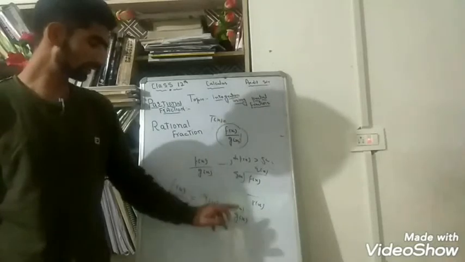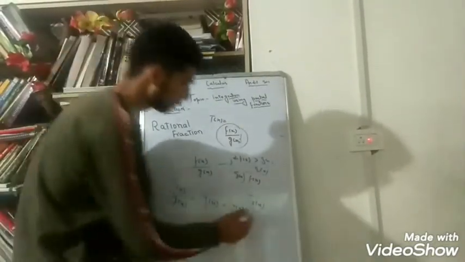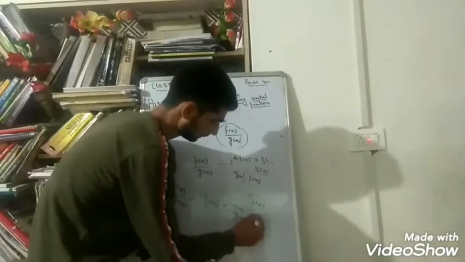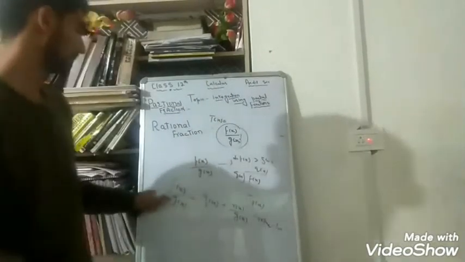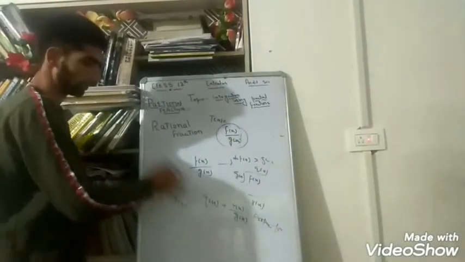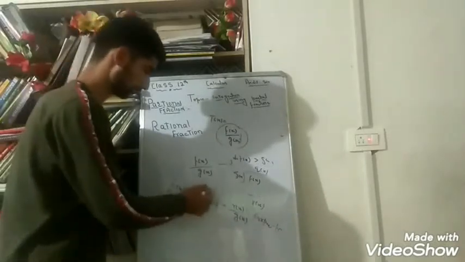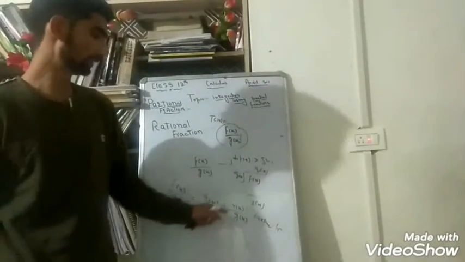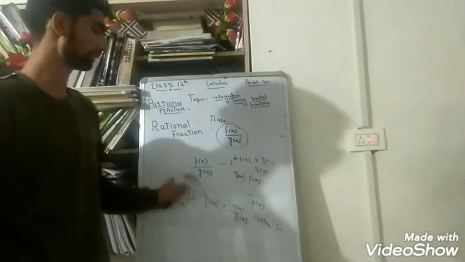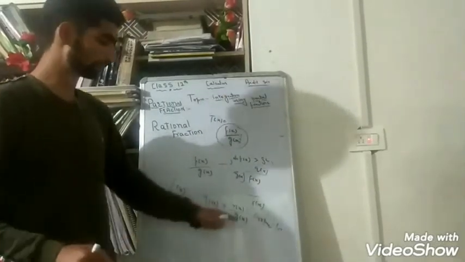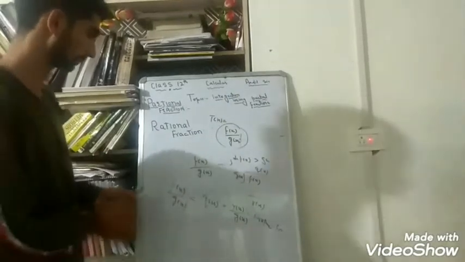When the degree of the numerator is less than the degree of the denominator, at that time, beta, we say that this is a proper fraction. So we have an improper fraction, but we are expressing that as q(x) plus a proper fraction. So every improper fraction can be written as the sum of a proper fraction and some polynomial.